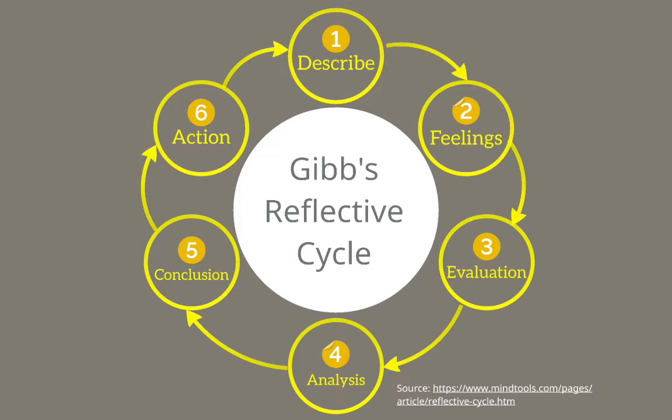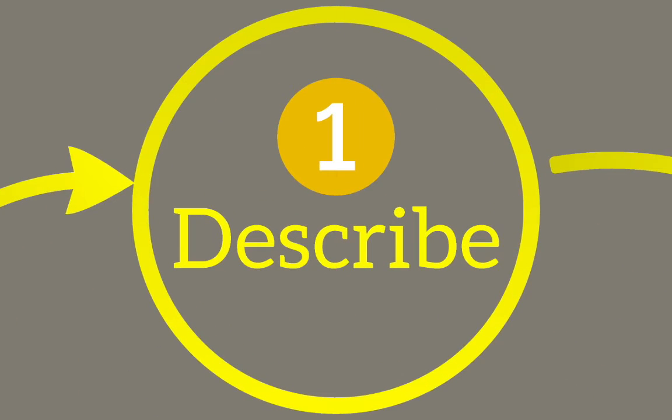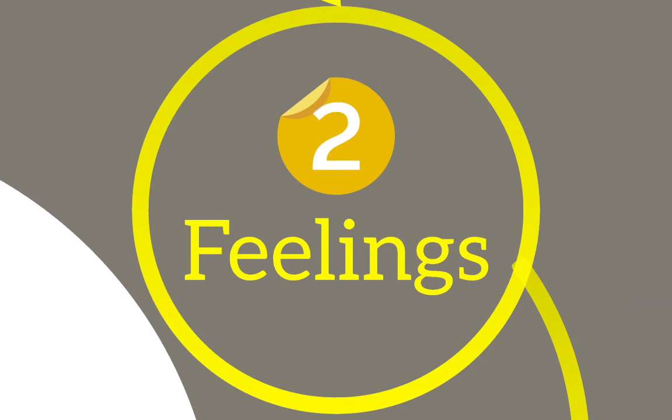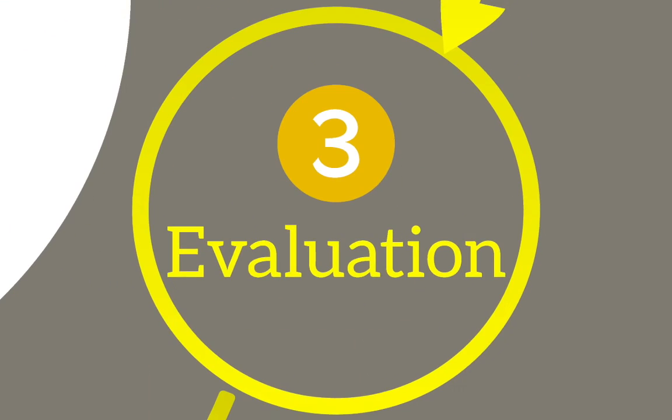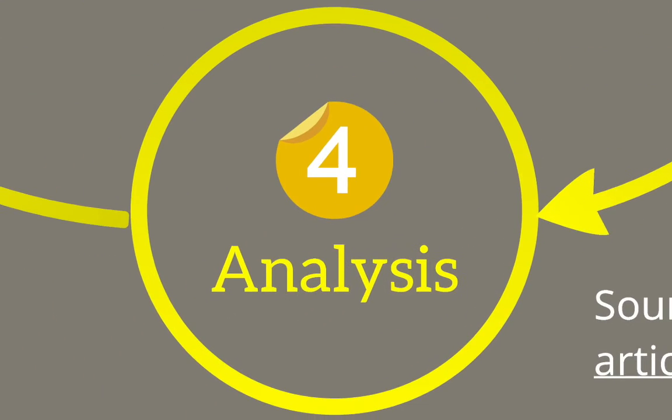And this is a true cycle. So the first element is to describe what went on. The second is to think about our thoughts and feelings about what went on. The third is to evaluate what went on, what went well, what didn't.